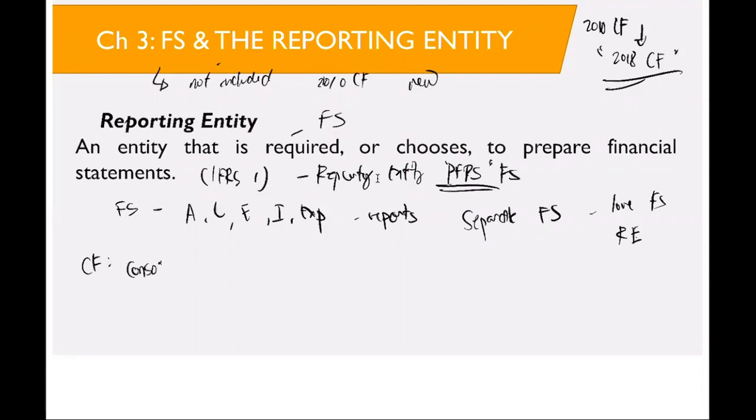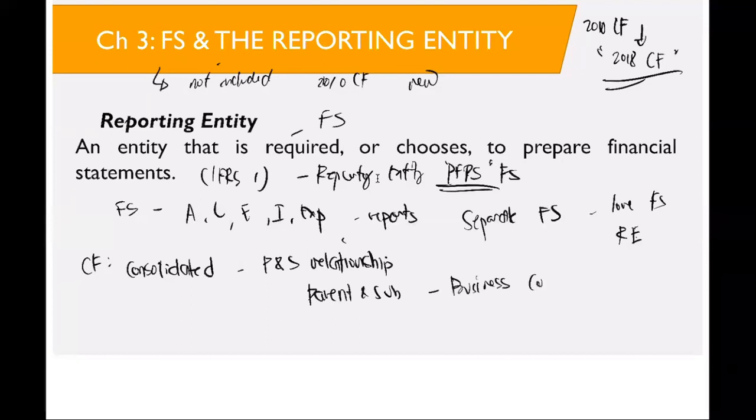First, we have your consolidated financial statements. Your consolidated financial statements are presented if there is a parent and subsidiary relationship. Sir, what is a parent and subsidiary relationship? We have a parent and subsidiary relationship when we have a business combination. What is a business combination? There is a business combination when two or more businesses decide to combine and report as one entity.